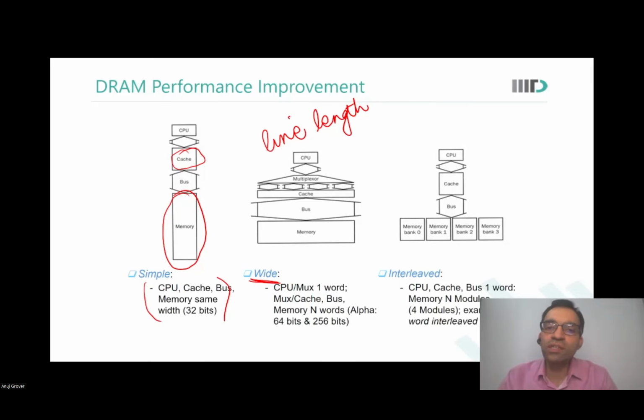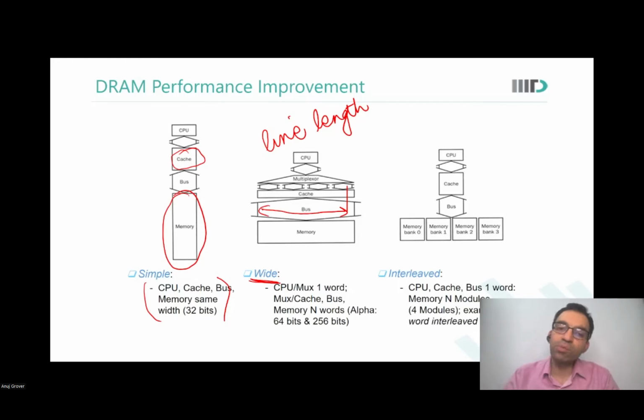Out of those 4 words, depending on the multiplexer, like which of those 4 words is required by the processor, some address bits will go into the multiplexer there, and the CPU would get access to that information. And then from cache to memory, it is the same very wide bus, let us say a 256-bit wide bus.